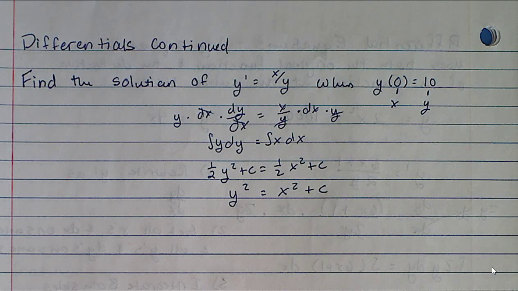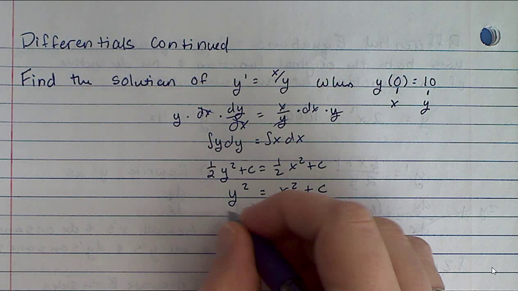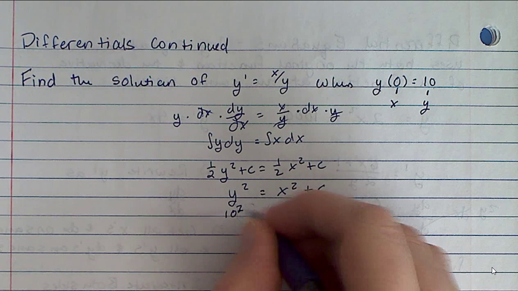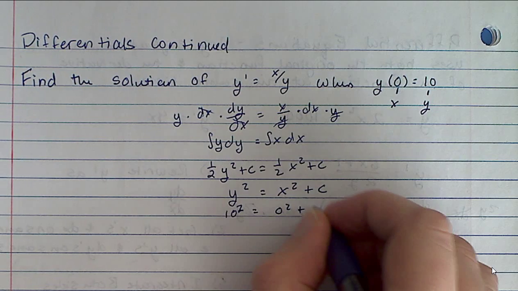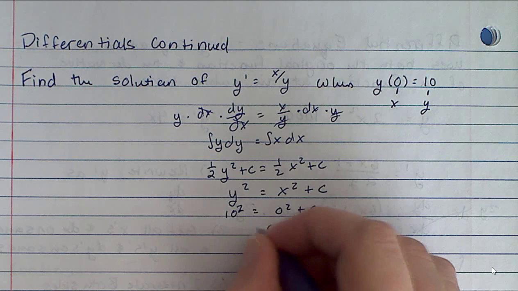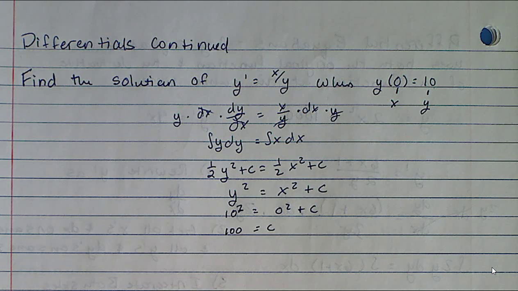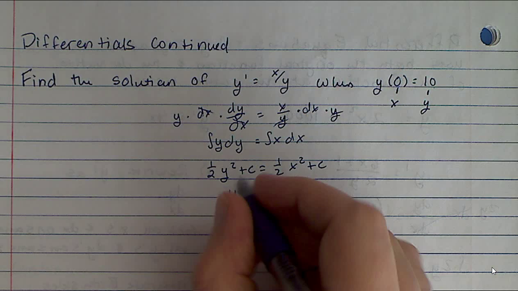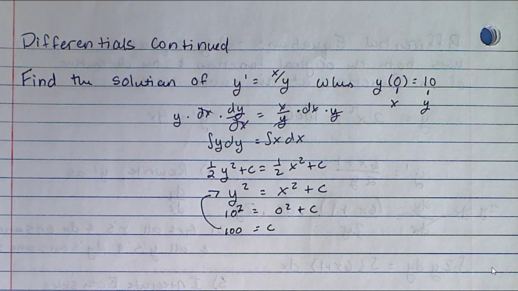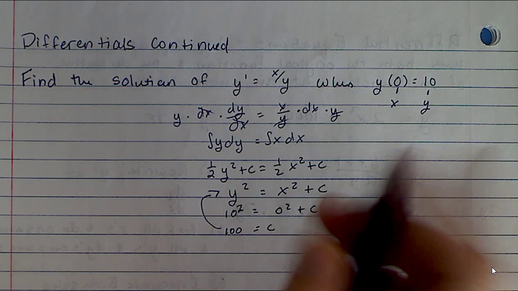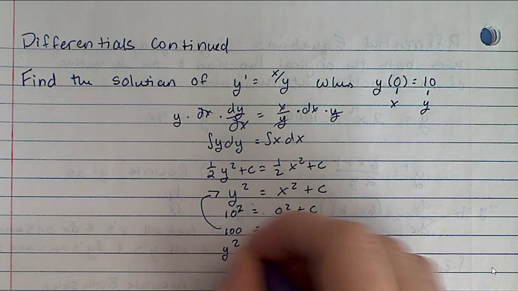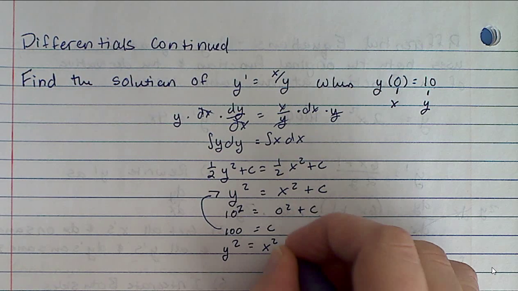So this would be 10 squared equals 0 squared plus c. That means c would have to be 100. Then I can go back up to this step and say y squared is equal to x squared plus 100.